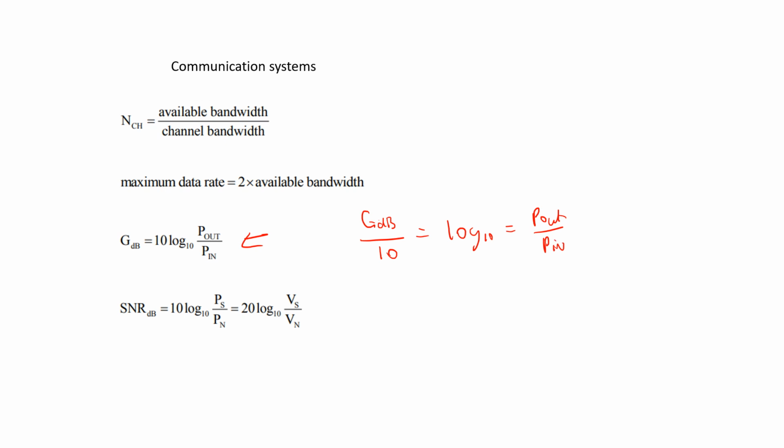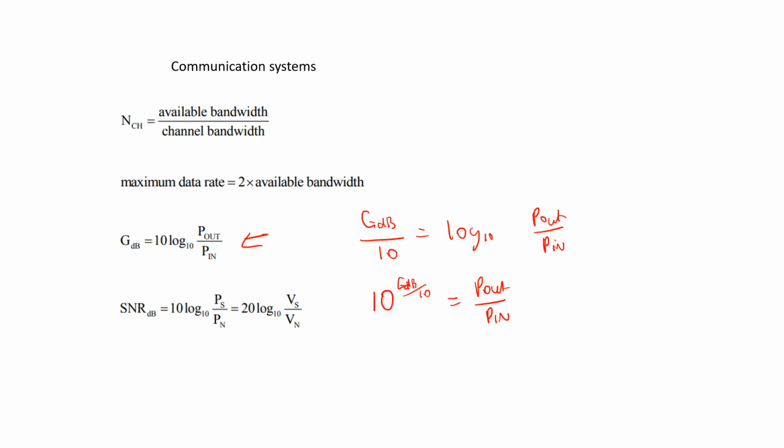And then to get rid of a log, we take 10 to the power of that value. So it's 10 to the power of gain in decibels over 10. That's got to equal P out over P in. Then you can multiply both sides by P in to get P out. So that's how you rearrange that one.